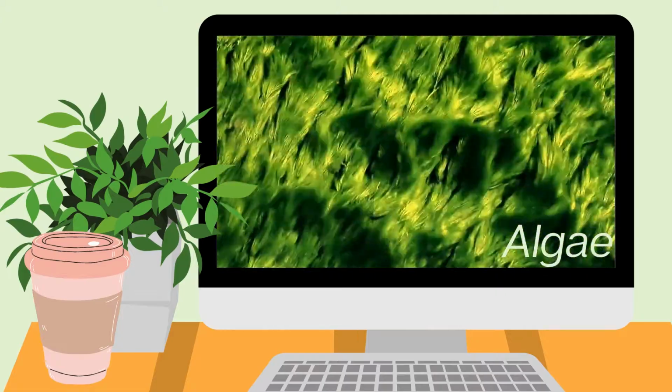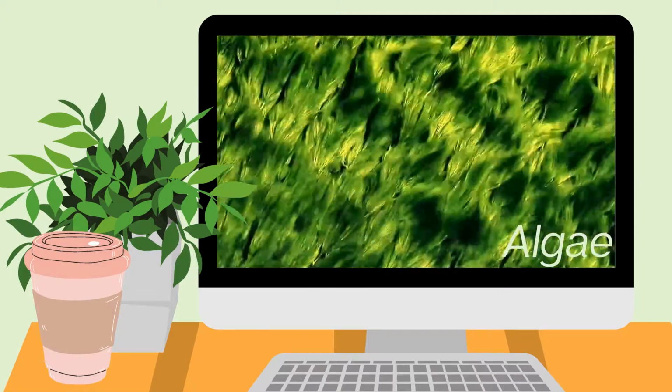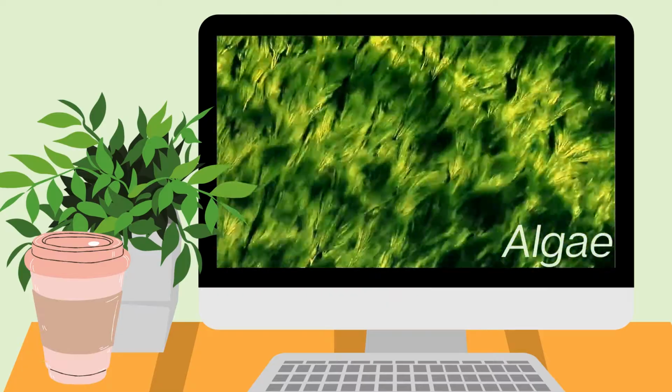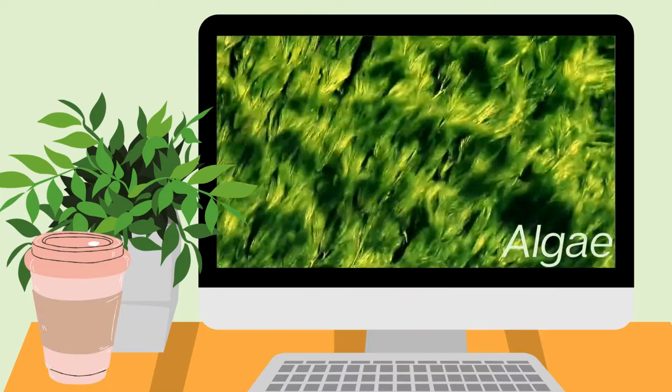Okay, so let's start from the very beginning, from the progenitor of all plant life forms. So this is the green algae.